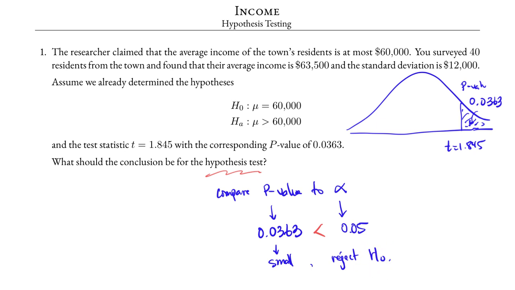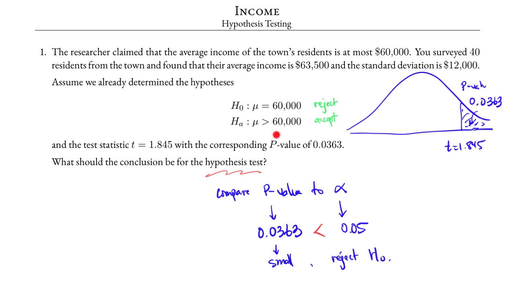But remember that the null hypothesis is the statement that the town's resident income is equal to 60,000, and we flat out reject it. If we reject the null hypothesis, then we would informally accept the other hypothesis. If we reject one, we accept the other.